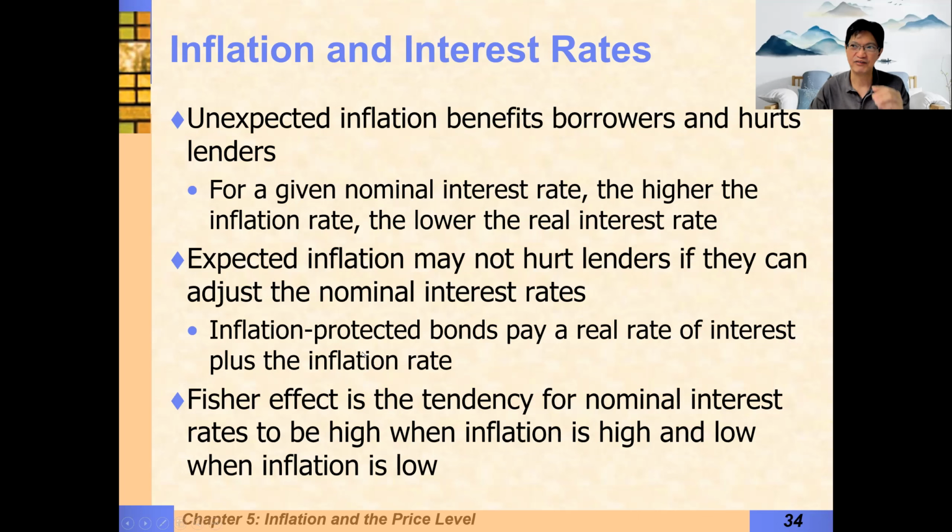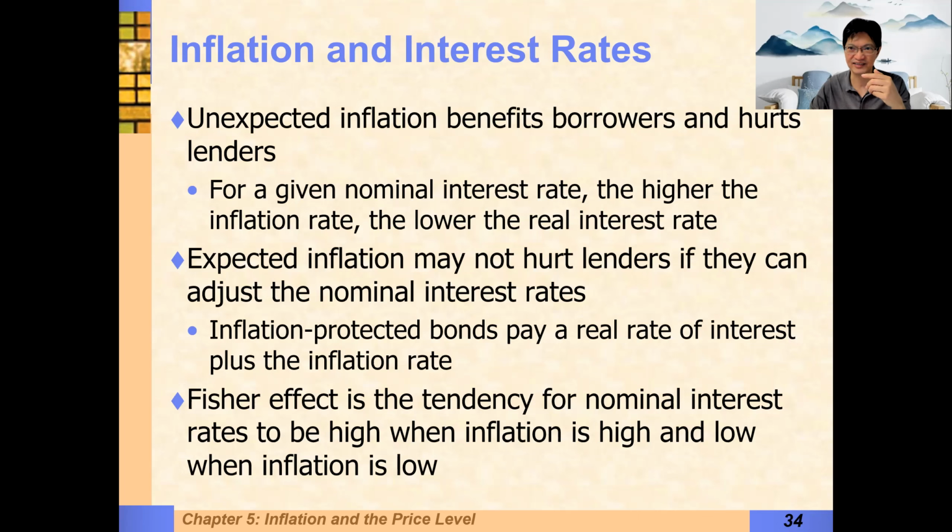Now, if the inflation is expected, then the borrowers and lenders will take this into account. They will adjust the interest rate charge to account for the expected inflation. So if everyone knew the inflation was going to be 9%, I'm not going to lend you money at 7%.